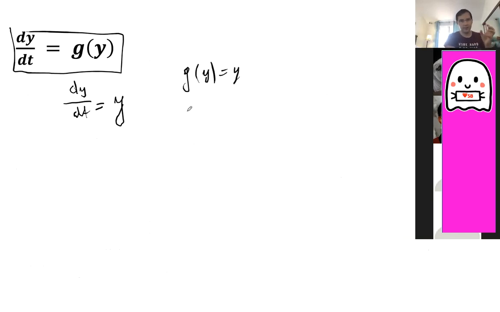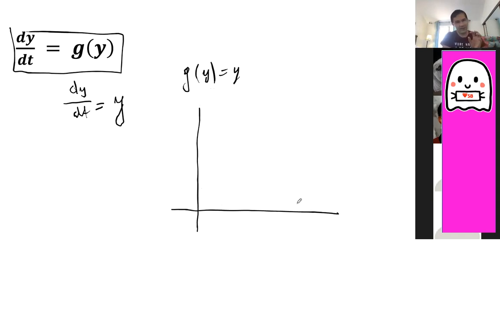So what we can do, for a moment, let's not think of this y as a function of t. Let's just think of this as in calculus 1, like the diagonal line f of x equals x. Let's think of this that way for a second. Okay, so let's sketch the graph of this function g. This is my g-axis, this is my y-axis.